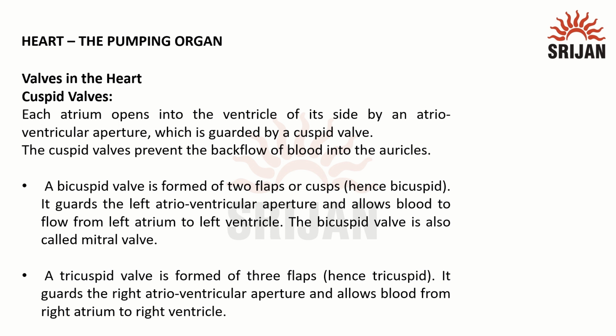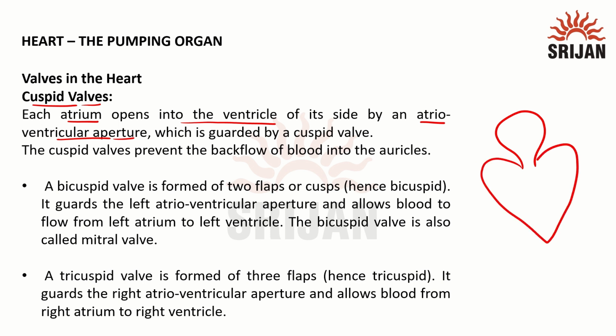Now, first if we see the cuspid valves, each atrium opens into the ventricle of its side by an atrioventricular aperture. So if we say this is the atrium and this is the ventricle, ventricles are larger, this will be the cuspid valve which is guarding the aperture. The cuspid valves prevent backflow of the blood into the auricles. So first we have bicuspid valve which is formed of two flaps or cusps, hence known as bicuspid.